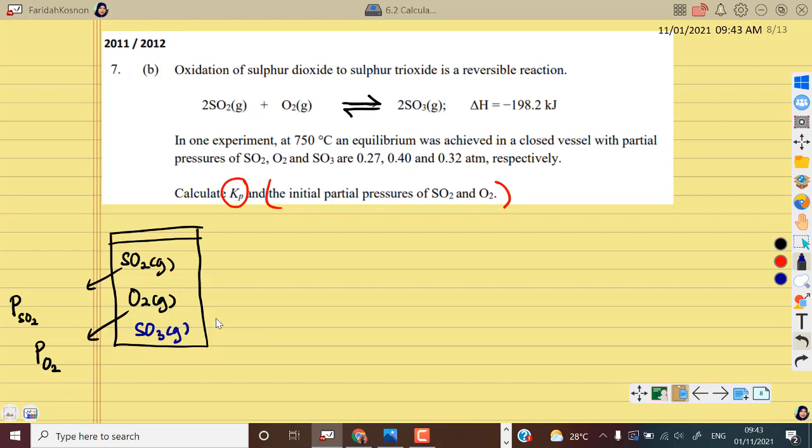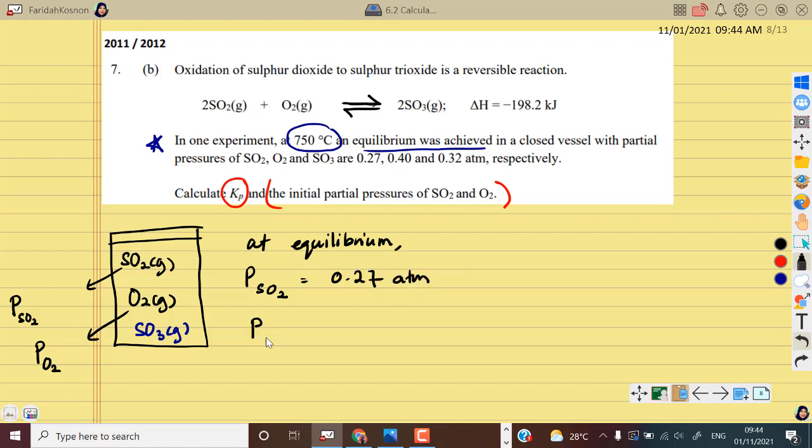Okey, jadinya kalau you baca pada second paragraph kat sini, reaction itu berlaku pada 750 degree Celsius lah. Okey, equilibrium was achieved. Okey, bila reaction ini berlaku, sampailah partial pressure of reactants and product remain constant, dikatakan dynamic equilibrium telah tercapai. So, at equilibrium, apa yang kita dapat? At equilibrium, the partial pressure of sulfur dioxide is 0.27 atm.